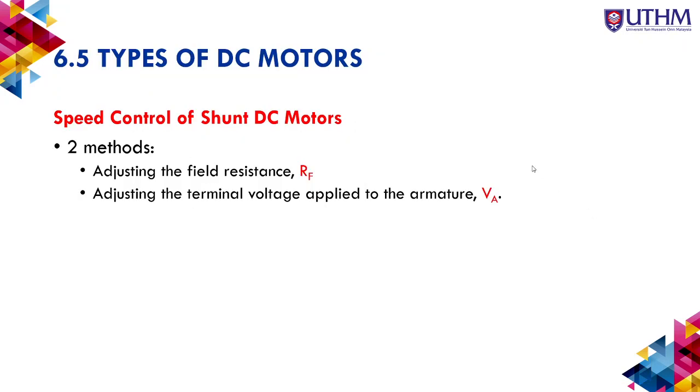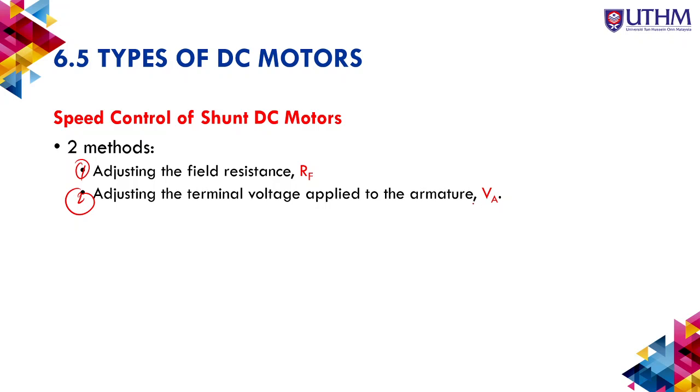Then, how to control the speed of the DC shunt motor? There are two methods. First, adjusting the field resistance, the Rf. The second one is adjusting the terminal voltage, the Va.